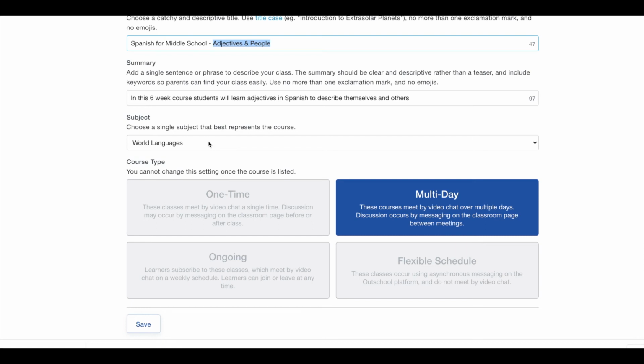I'm debating if I'm going to keep it as it is or switch it over to multi-day moving forward, because I have students joining classes that are really far into it. They've been in it since November and now it's February and they're trying to join, and they're really confused when they join.